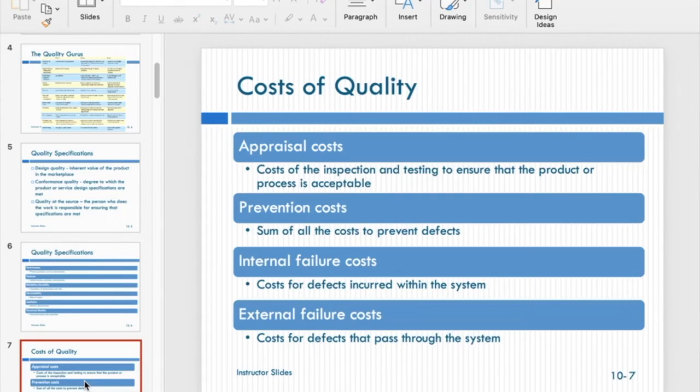If you can figure out the reasoning behind why the quality increases or decreases during the production process, you can get rid of a lot of costs within the production process. The text already shows that. It tells us a rule of thumb: for every dollar you spend in prevention, you can save $10 in failure and appraisal costs.